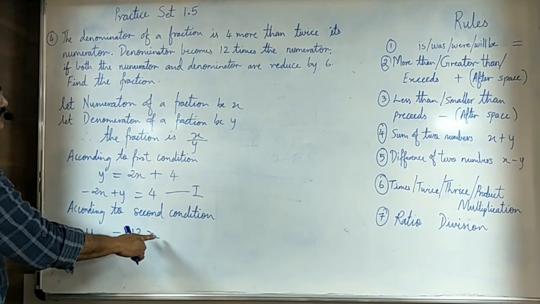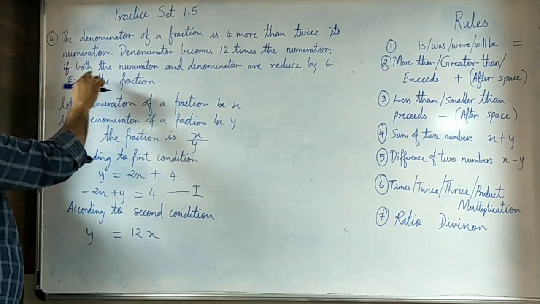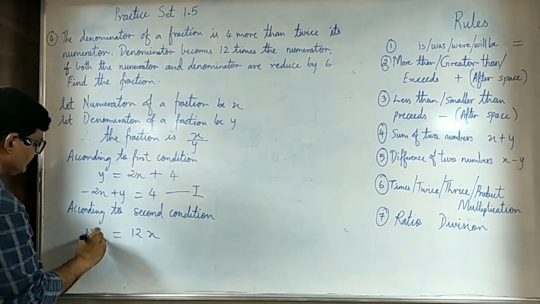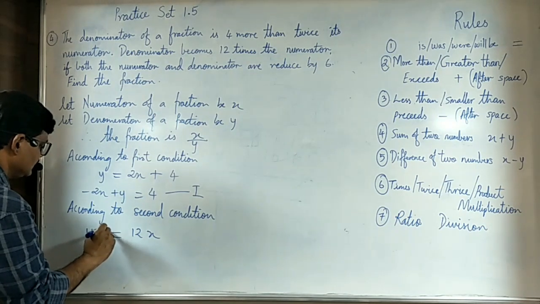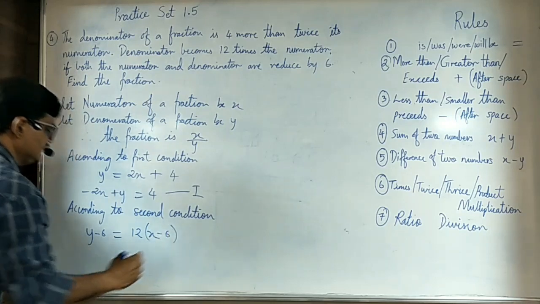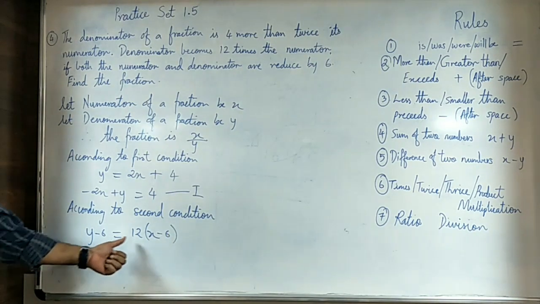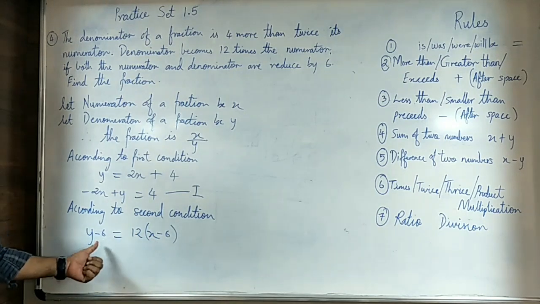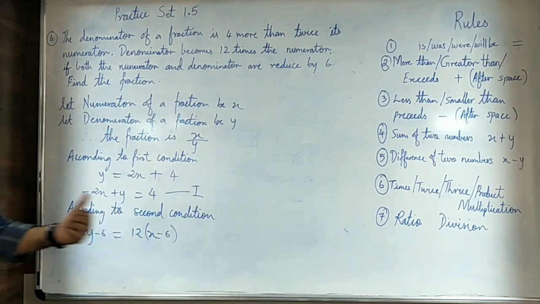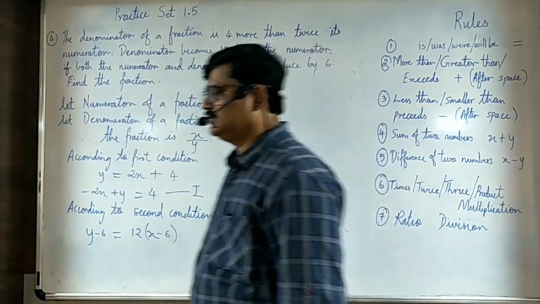If both the numerator and denominator are reduced by 6, reduced by 6 means we have to subtract 6. Now you can see this equation: the denominator becomes 12 times the numerator if the denominator and numerator are reduced by 6. So this is how I got the equation in this form.